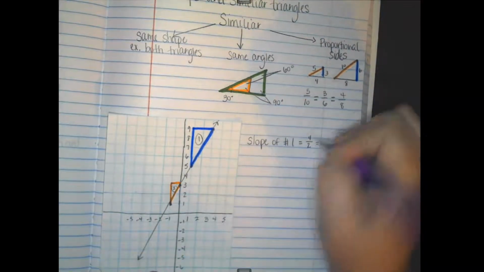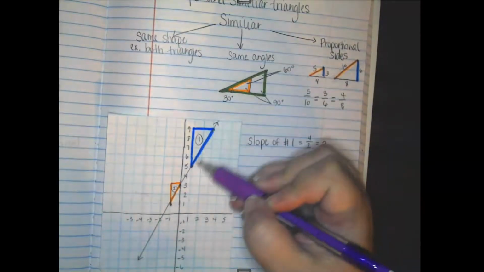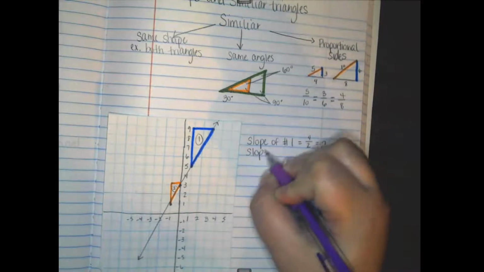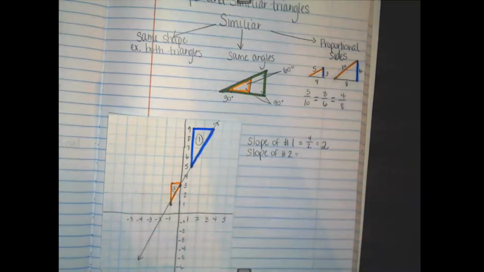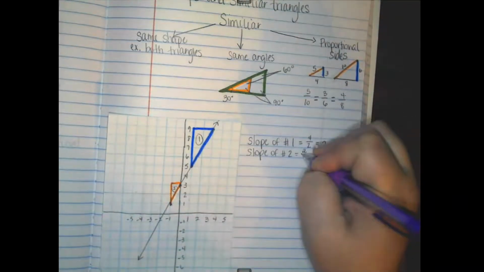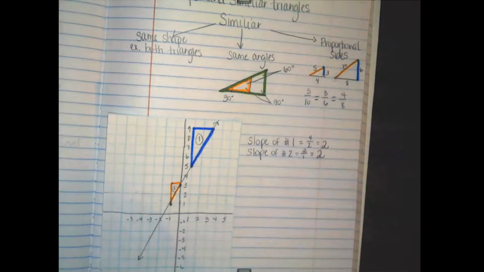So for triangle 1, my slope is 2. So I'm looking at this slope right here. And then I'll look at my slope of triangle number 2. So it rose 1, 2, ran 1, for a slope of 2 also.